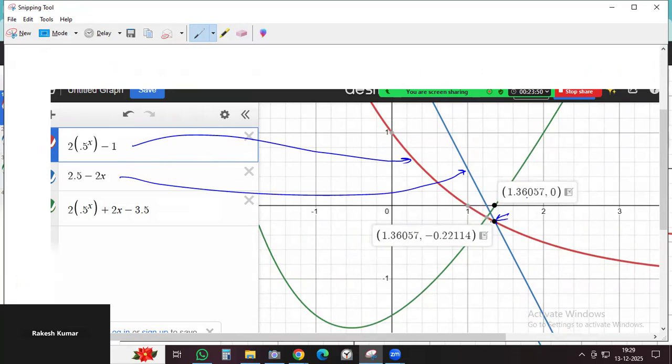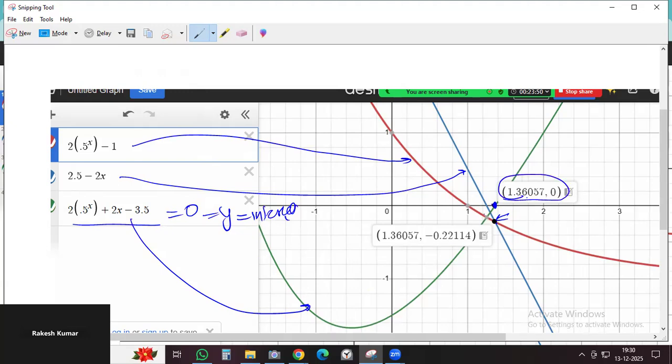They intersect here. Then this will become equal to 0. Notice this becomes equal to 0. That means this graph's y value becomes 0, that means it intersects the x axis at this point. See, the x coordinate there and the x coordinate here are the same.